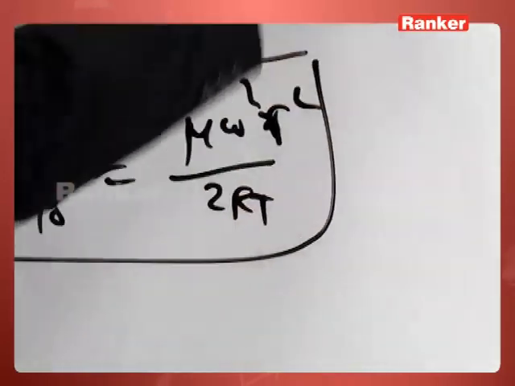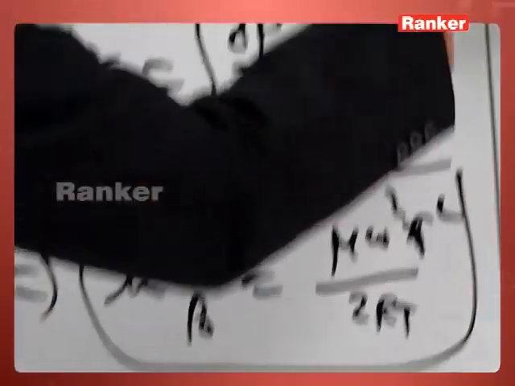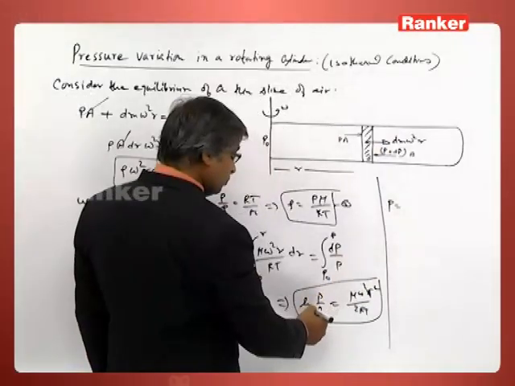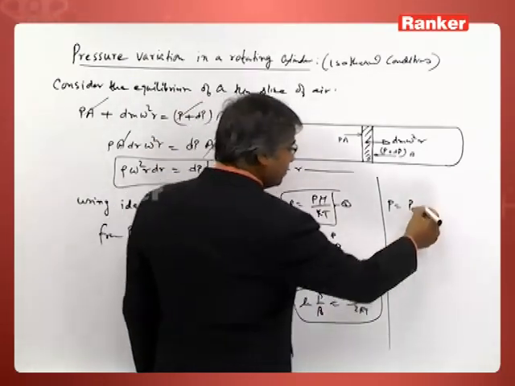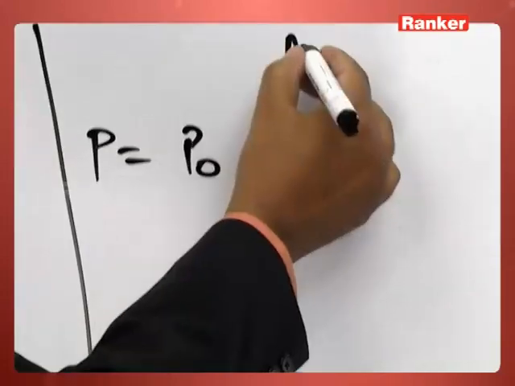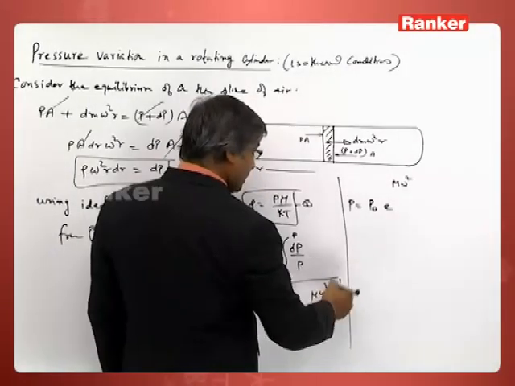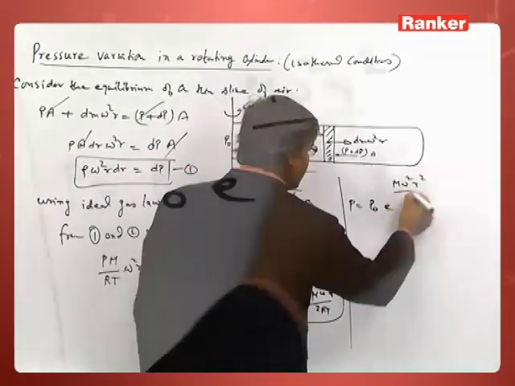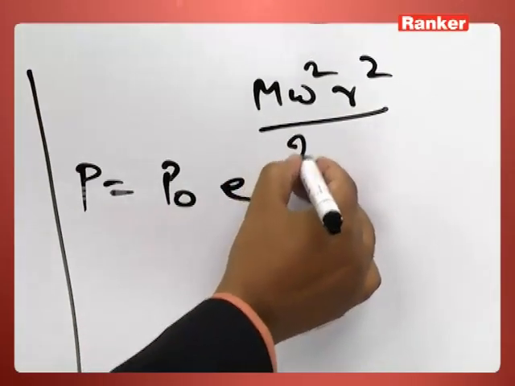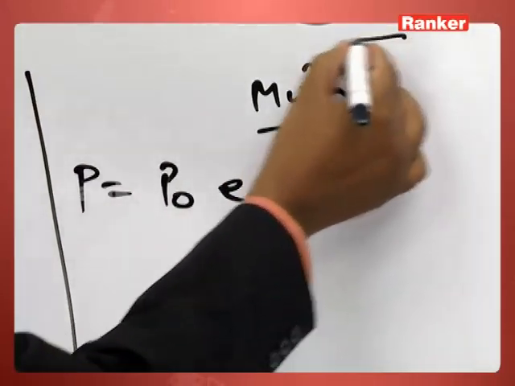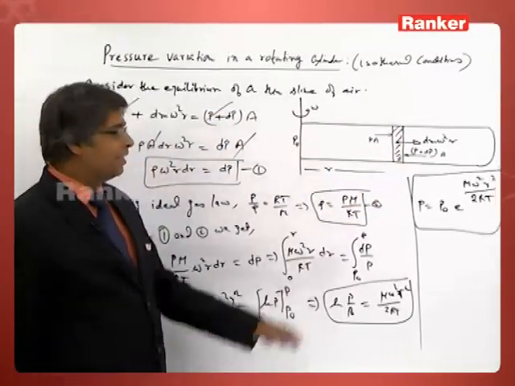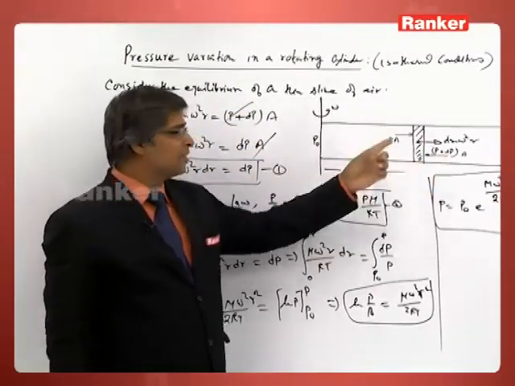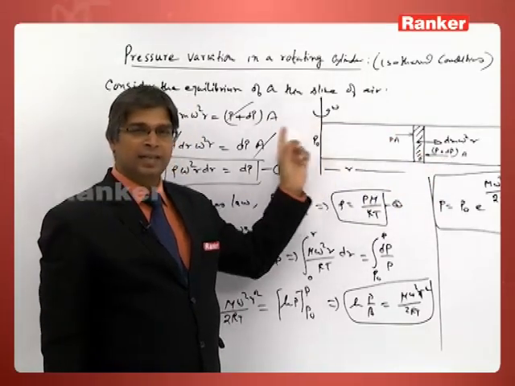This is the relation. So finally, P will be equal to P naught times e to the power M omega square r square by 2RT. This is how the pressure will vary with the radial distance in a rotating cylinder.